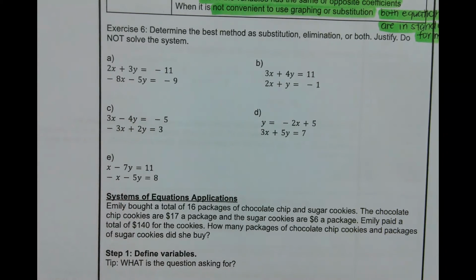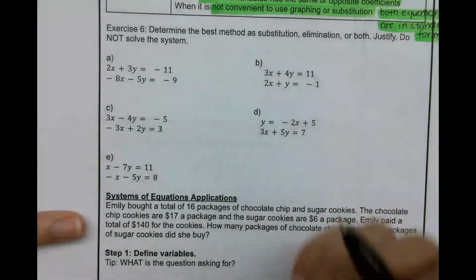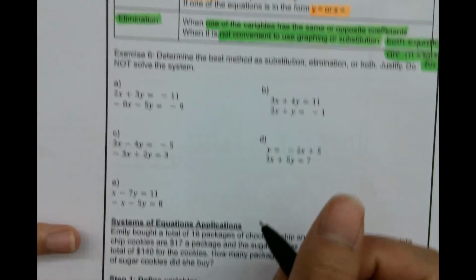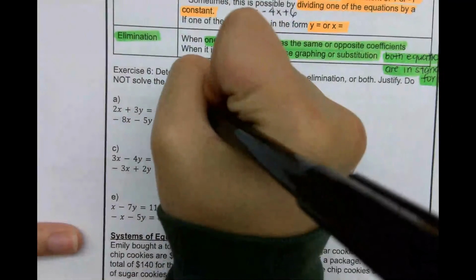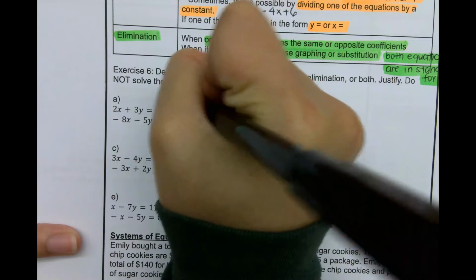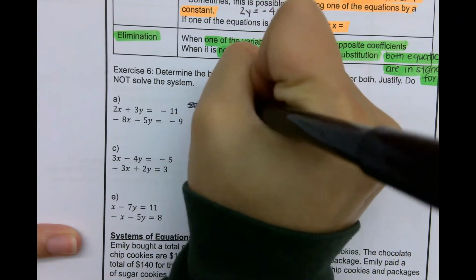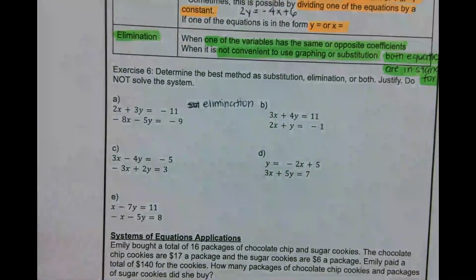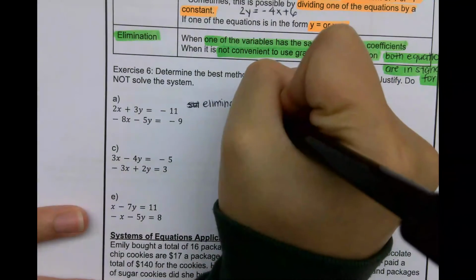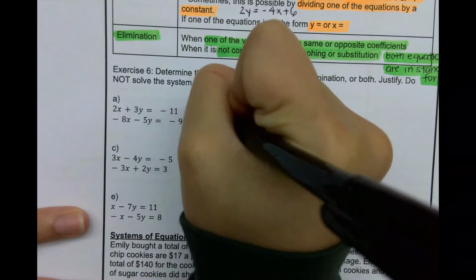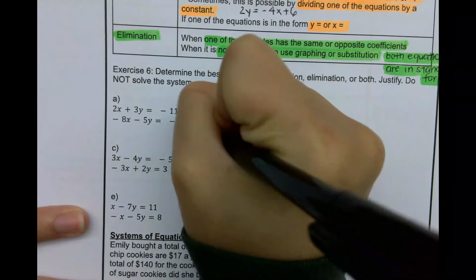So for me, I think the best method between substitution or elimination is probably to use elimination. And the reason why it's best to use elimination is because both of them are in standard form.